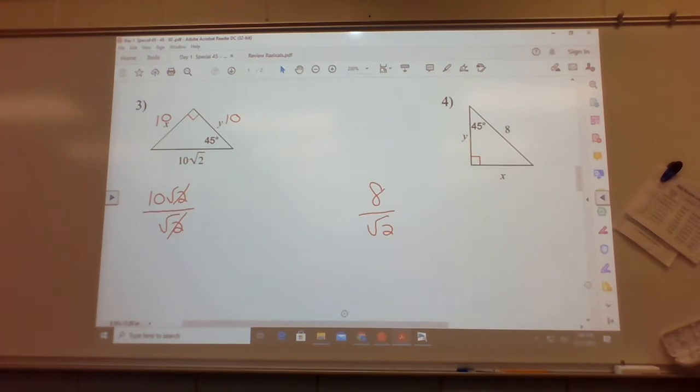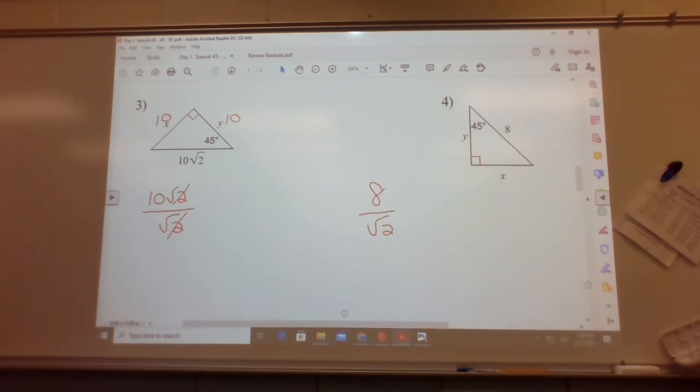So I'm not allowed to leave a radical in a denominator. I can't leave that radical down there. I didn't have any that didn't kind of fix itself on that worksheet. All of them had like square root of 16, square root of 25, and it just kind of disappeared. But this one, the square root of 2, can't just disappear.